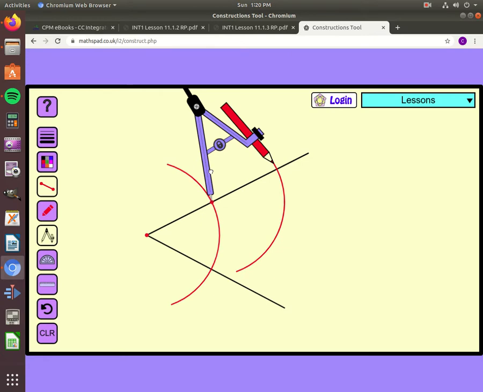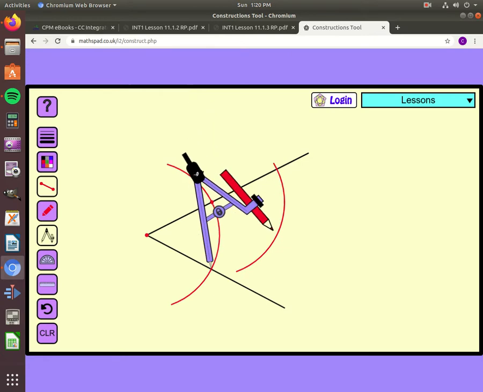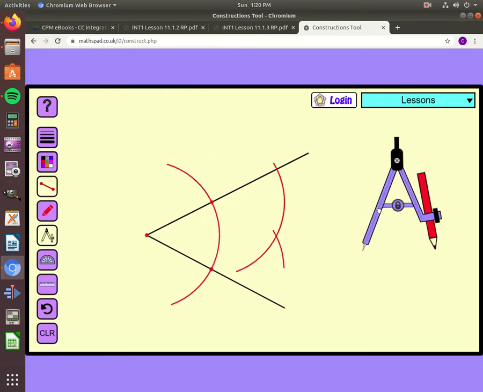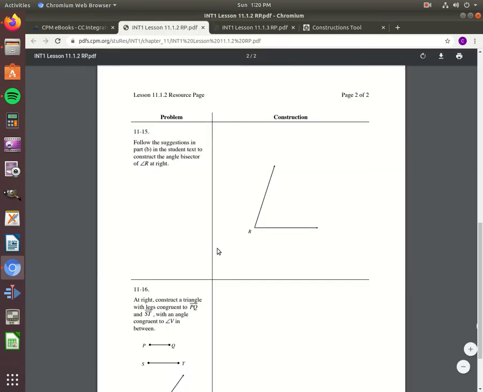And again, don't forget, I am constructing congruent triangles, whether it looks like it or not. That is what is happening. And now if I connect this point across, I know that this angle here is the same as this angle here. Again, because of congruent triangles, and CPCTC, or corresponding parts of congruent triangles are congruent.